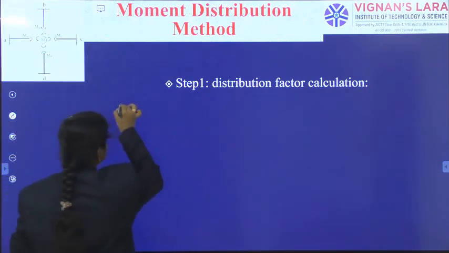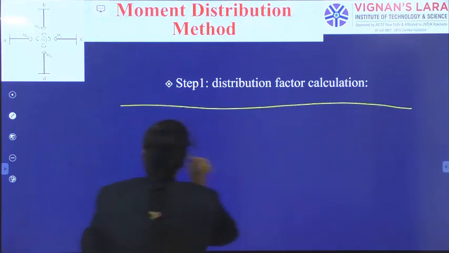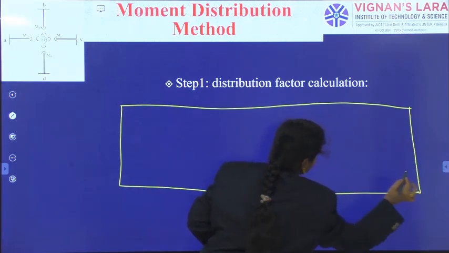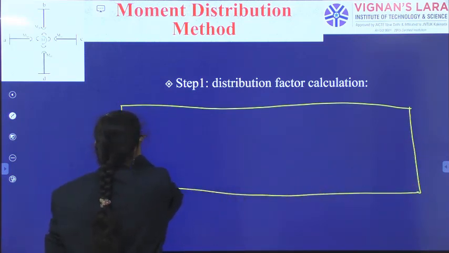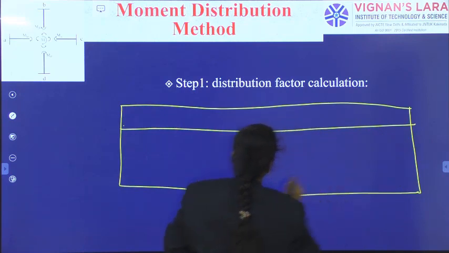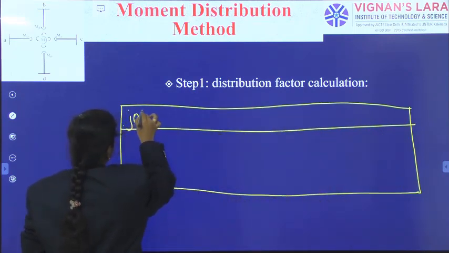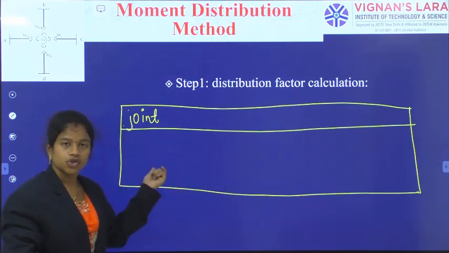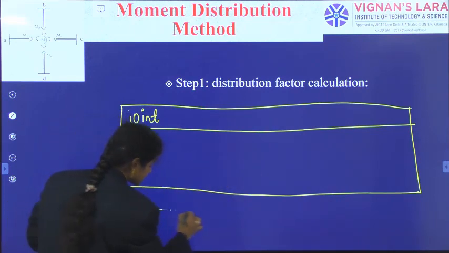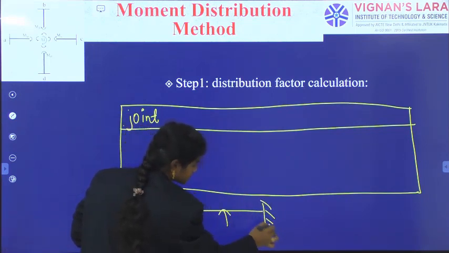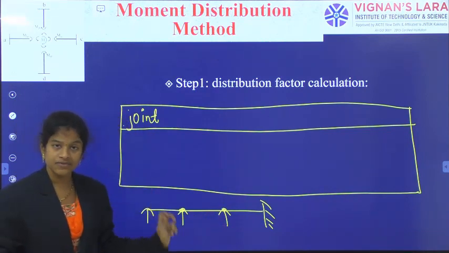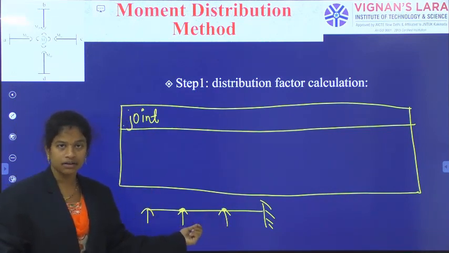So, firstly, I am developing a distribution factor calculation table. The first column is joint. If it had 4 spans, A, B, C and D, then joint B and joint C would have distribution factors, two joints.